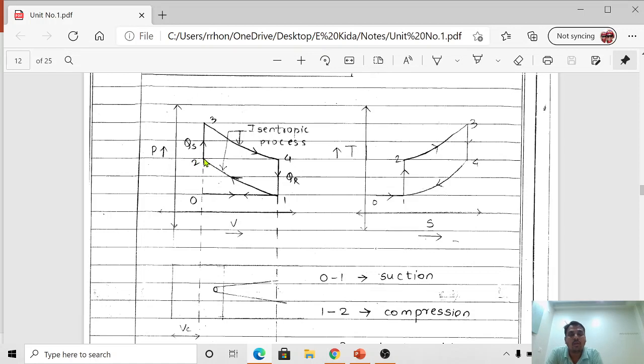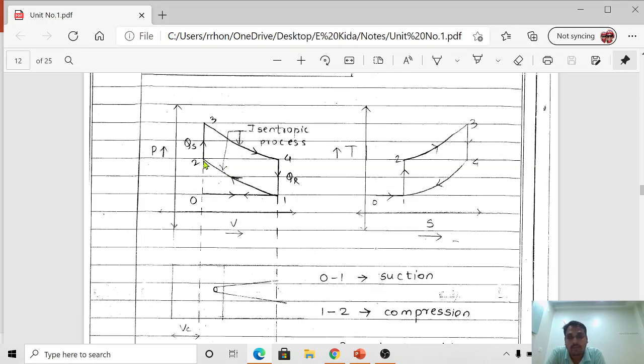Now during process 2 to 3, what happened? Q suffix S is nothing but called heat addition taking place. How does heat addition take place? Now 0 to 1 is a suction, 1 to 2 is a compression. At the end of compression, at point 2, there is one more device, as we already discussed in the last few lectures. That device is nothing but called the spark plug.